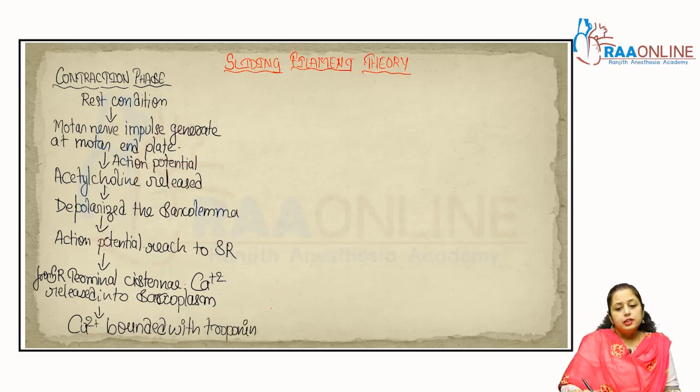That troponin is the regulatory complex protein, present at regular intervals on the tropomyosin. What will happen now? As that calcium ion is bound with the troponin, in the sarcoplasm there is myosin ATPase enzyme, which is in an inactive state before the calcium ion enters the sarcoplasm.